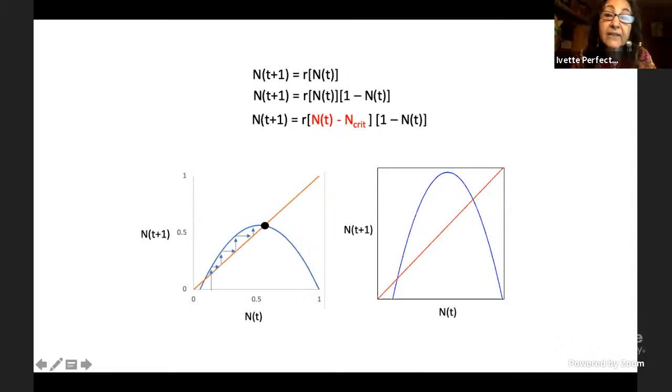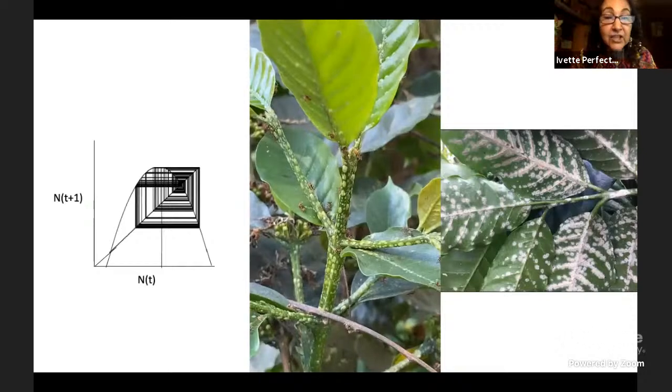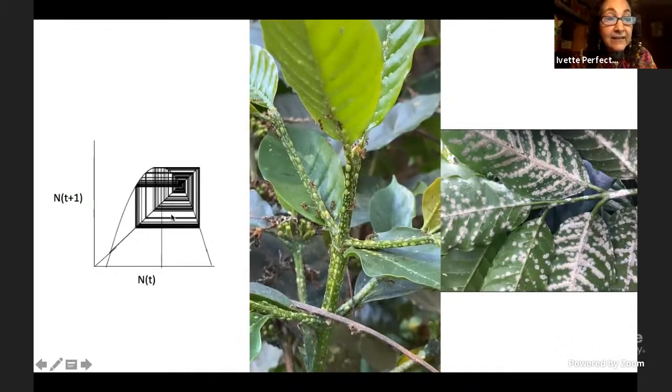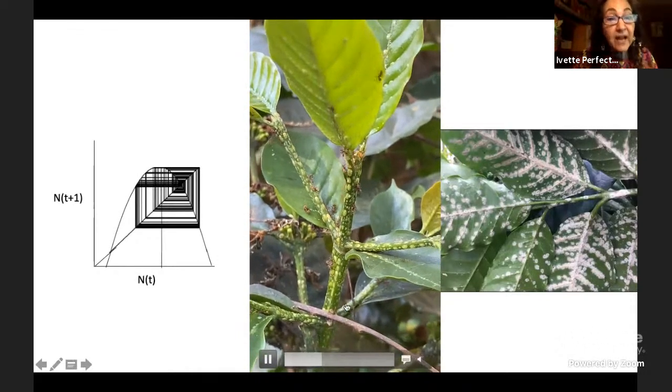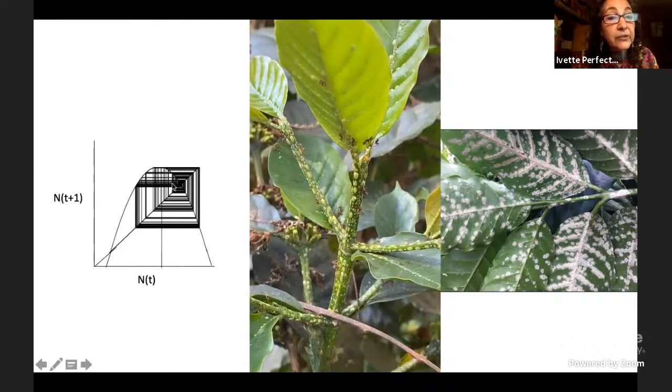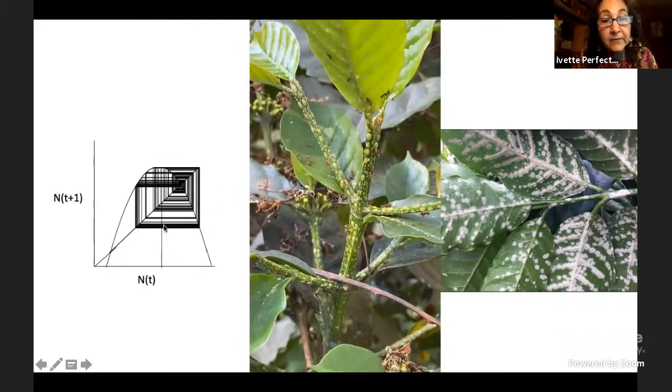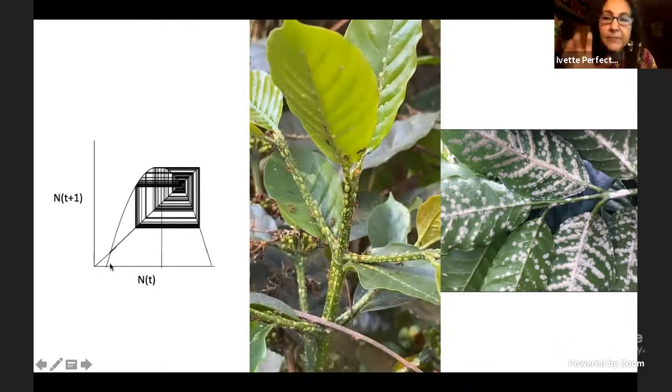So the shape of that curve, that function, changes with the increase in R. And that can lead to chaos. Essentially, in these areas where you have very, very high populations, that will lead to chaotic behavior, just with that simple equation.